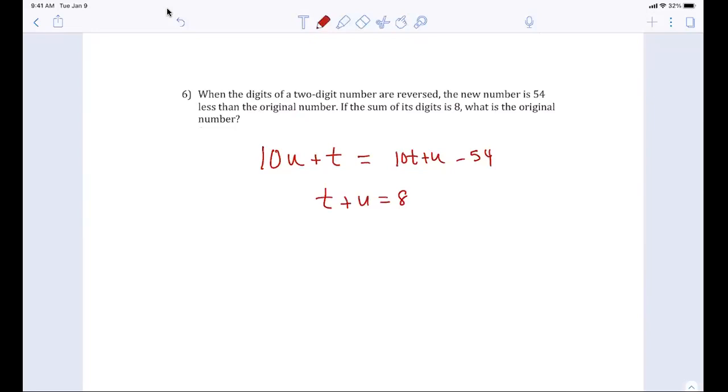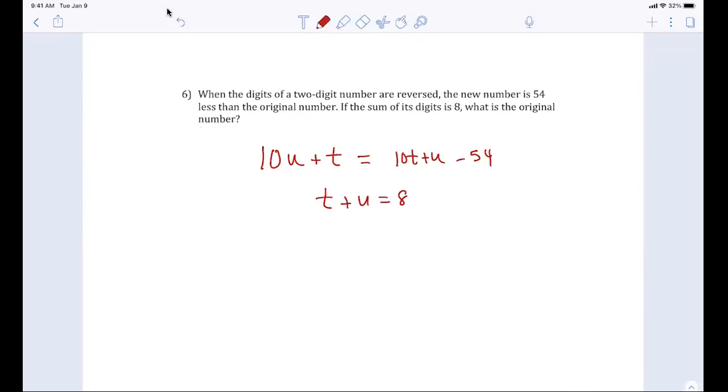I don't get how you refer to the T and the U. Well, that's something in your notes. The original number is 10T plus U. If you reverse the digits, it's 10U plus T. I'm not expecting you to know that, I'm expecting you to understand it once we explained it. So you have to write that down in your notes if you forgot it.